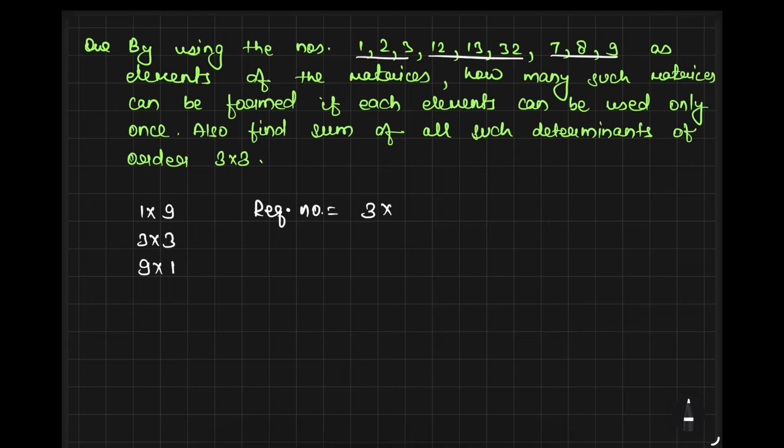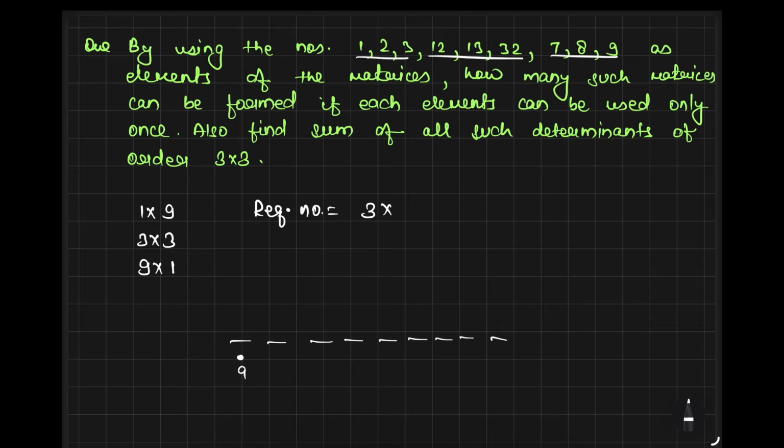So 3 into something. Now for every matrix, you know that there are 9 empty spaces. And in those 9 empty spaces, we have to use 9 elements. So look at this: 1, 2, 3, 4, 5, 6, 7, 8, 9. The first place has how many choices? 9.